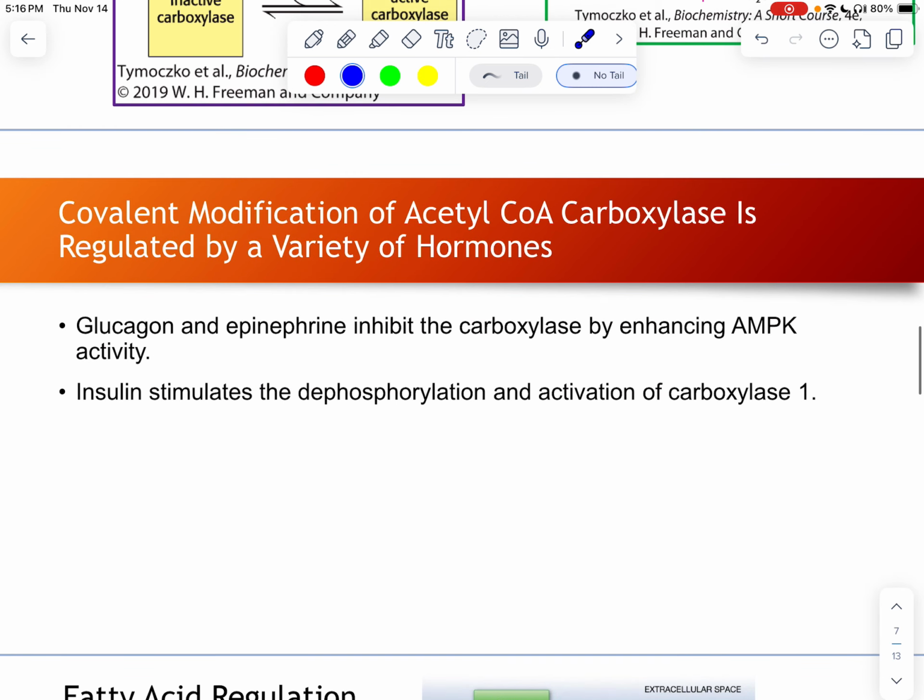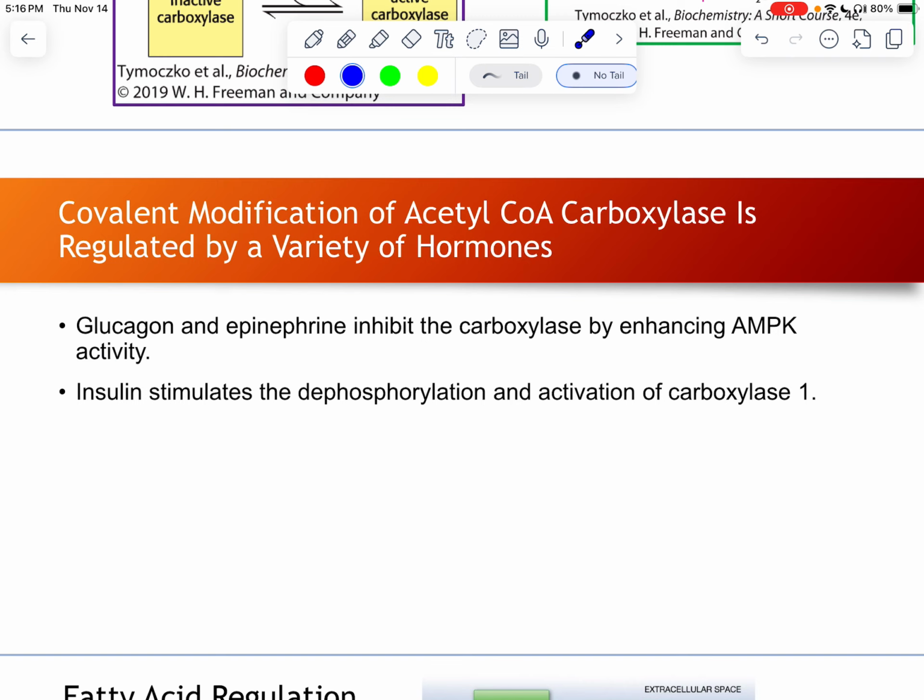Covalent modification of acetyl-CoA carboxylase, ACC, is regulated by a variety of hormones. So we already mentioned glucagon, and epinephrine is similar. Those inhibit the carboxylase by enhancing that kinase activity. That's what we looked at in the last one.